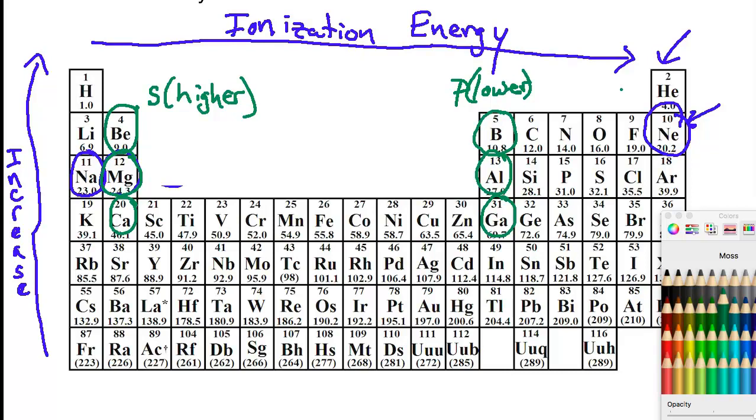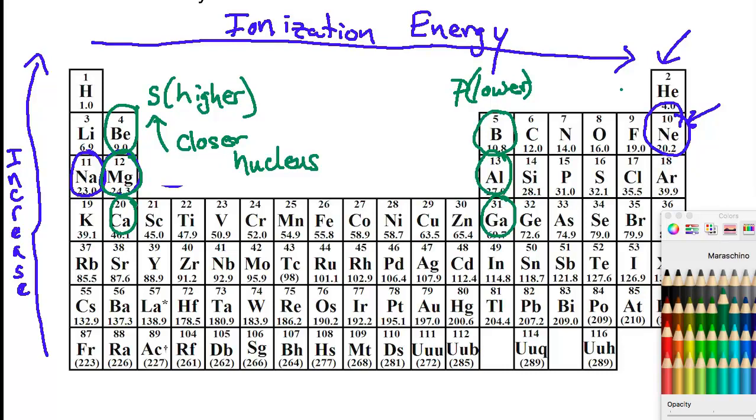Now the reason for this is that the S shells are closer to the nucleus. Whereas the p shells are going to be further from the nucleus, so they are slightly easier to take from when you make this initial jump.